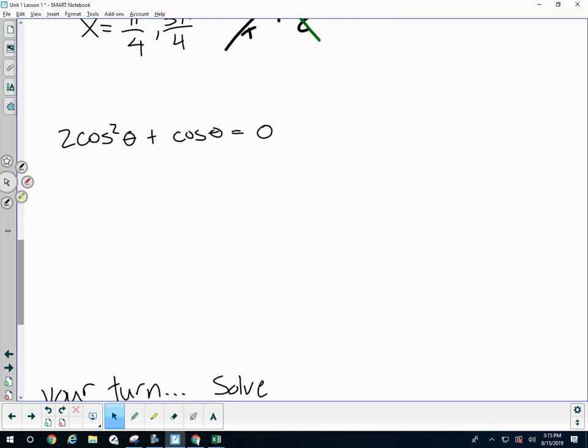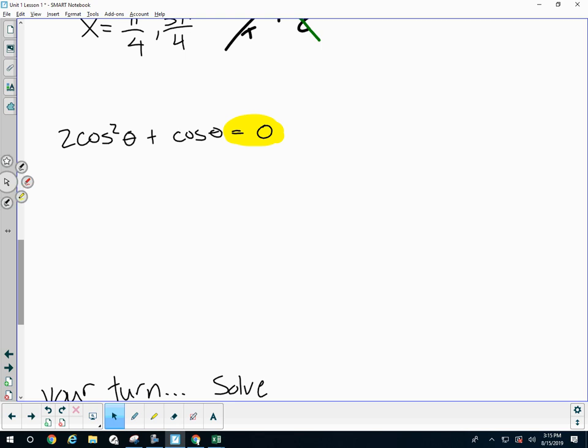Last one, then you guys are going to try it out. We will have lots of equations like this in this class. The key to this type of equation is this. We will have lots of equations set equal to 0 in this class.